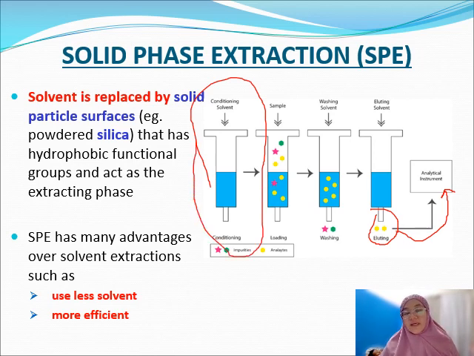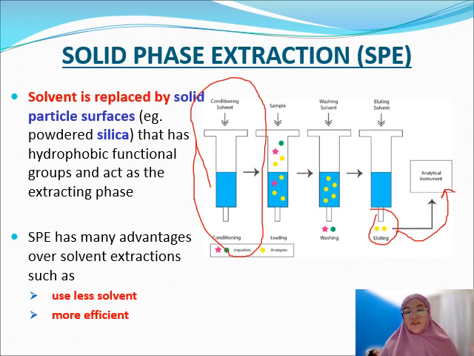Saya hanya menggunakan solvent yang sedikit saja, compared macam tadi distillation, compared to the solvent extraction, dia menggunakan lots number of solvent kan, dan dia melibatkan banyak tenaga kan. Ni hanya melibatkan sedikit saja solvent, okay, sebab the size of it's like a filter size.